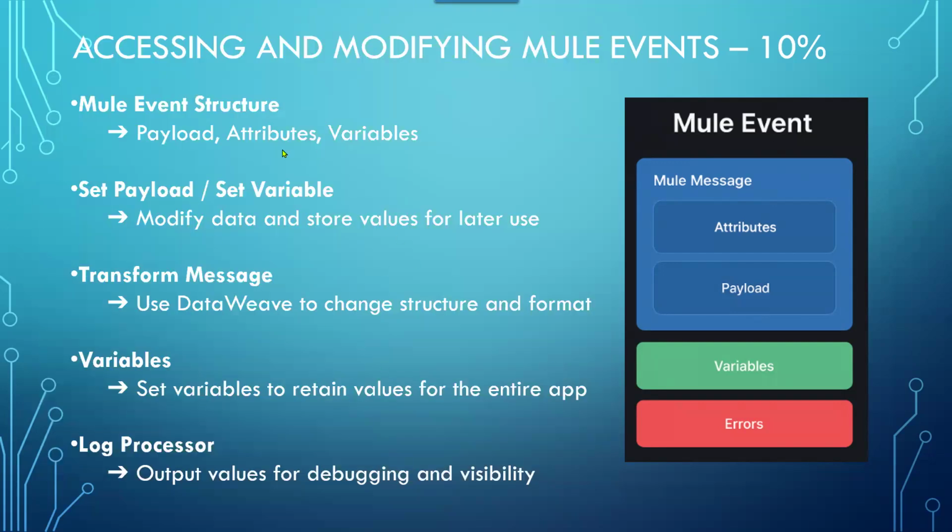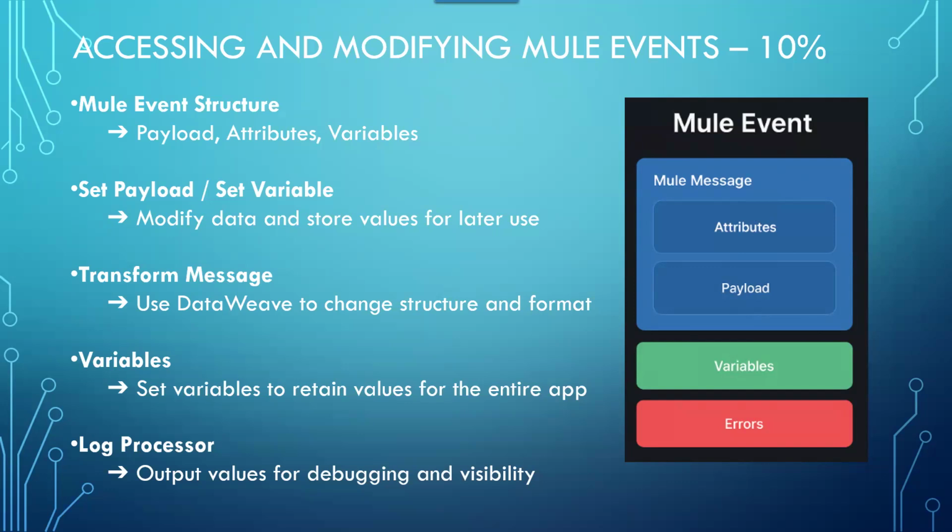So there are times that we have attributes available all day long. But if you go to a database, or a VM queue, or another endpoint altogether, another connector, those attributes that you had at the beginning are no longer there. You lose those attributes. And so we want to have ways of retaining that, so we would use the variables.